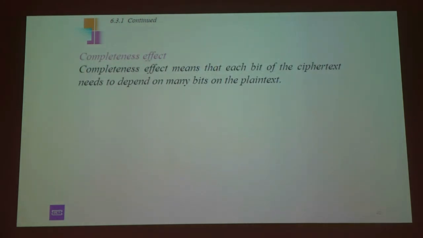The completeness effect means that each bit of the ciphertext needs to depend on many bits of the plain text. We showed that from the very beginning: the final output bit was generated by many input bits, many input bits contributed to it.